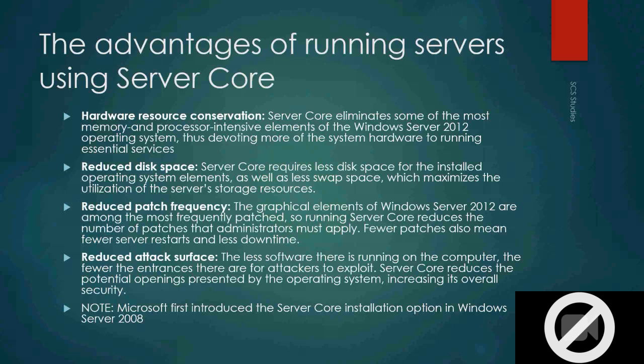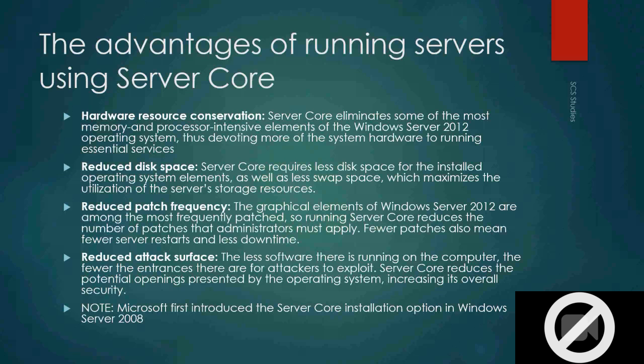That means you all know to run a GUI platform we need more RAM, more disk space, more of everything. So if we are going to use a CLI platform where no GUI is required, no graphics are required, in that case we will save our memory, our processor, and our disk space. Thus it devotes more of the system hardware to running the essential services.